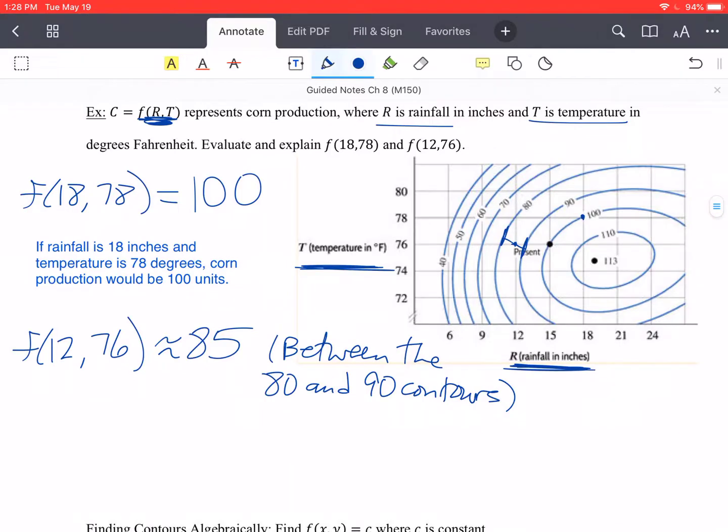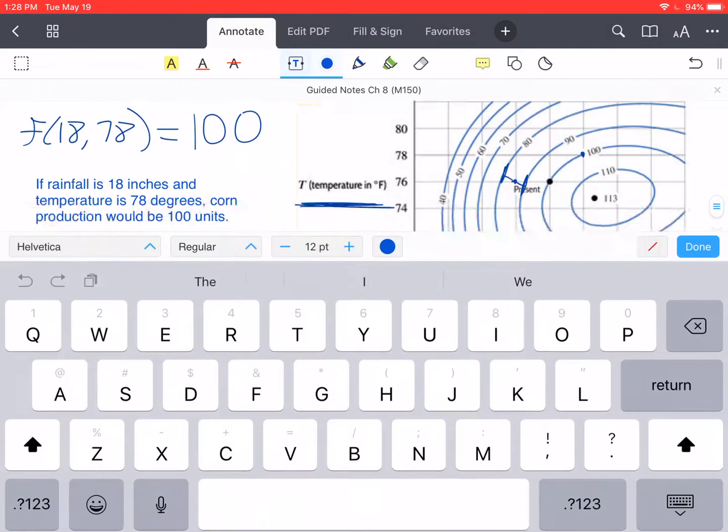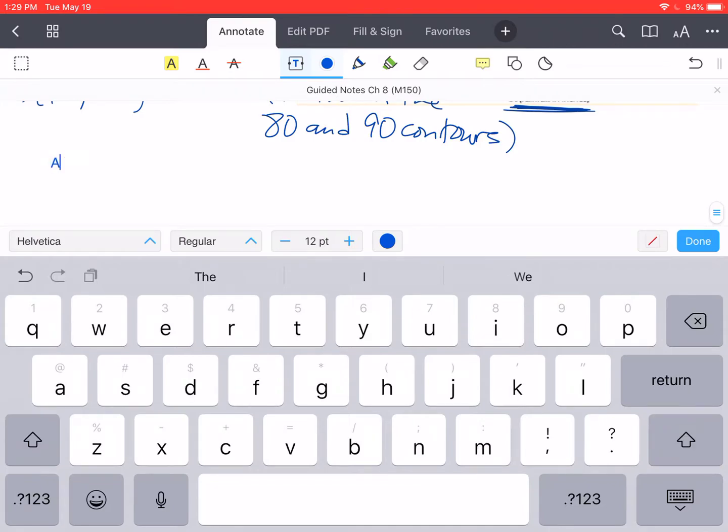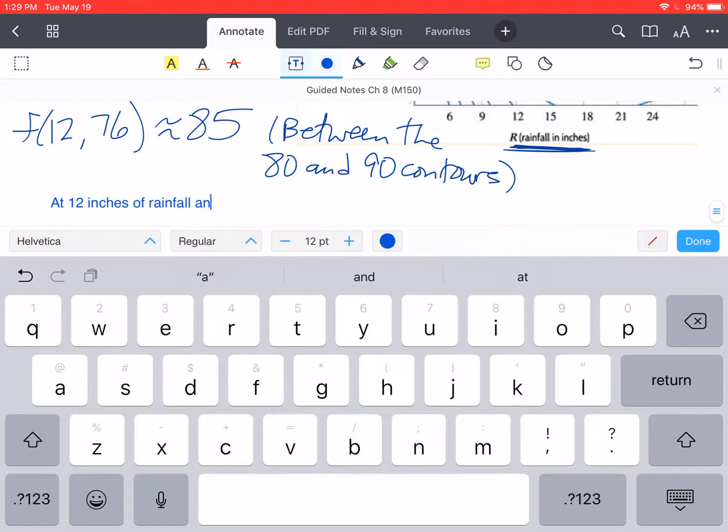So again, let's interpret what this statement means. It says at 12 inches of rainfall and 76 degrees, corn production is approximately 85 units.